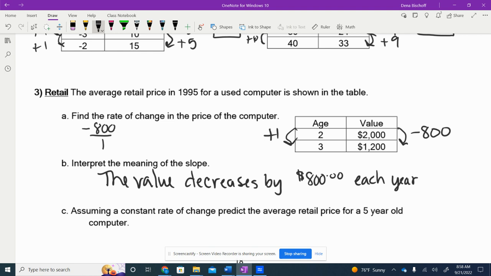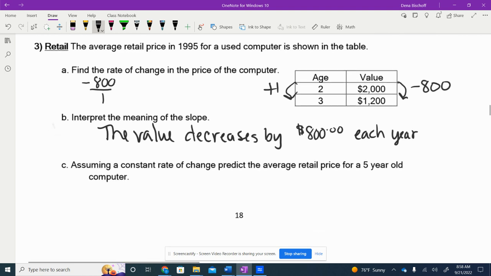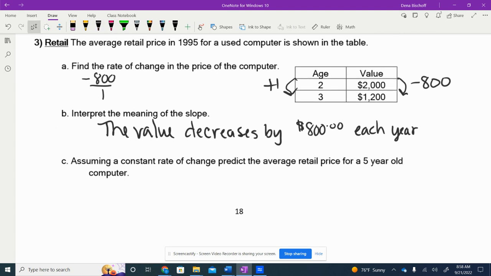Okay. Now, this was the average retail price for a computer in 1995. So this is pretty old information. But assuming that the rate of change was constant, predict the retail price for a computer that's 5 years old. So I'm just going to repeat this table, and I'm going to go up to 5 years.